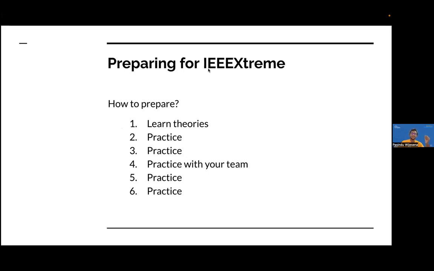Since IEEE Extreme is a team game, you also have to practice with your team, because when approaching certain problems, you have to discuss and brainstorm with your whole team. You guys have to discuss among each other and come up with the solutions. In this scenario, we discussed the Fibonacci sequence problem, and we had 3 approaches.